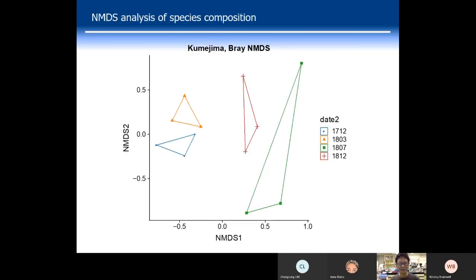It is very interesting to see differences in species composition plotted on a two-dimensional figure. For example, there are 2 December samples from 2017 and 2018, but these 2 are very different. So the deep sea ecosystem at a fixed station can change.